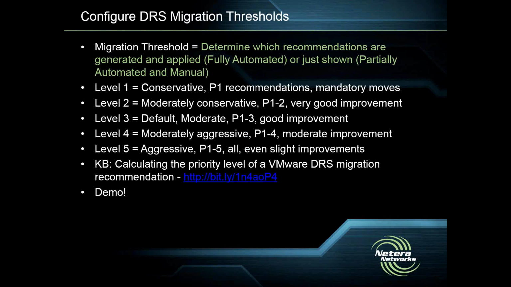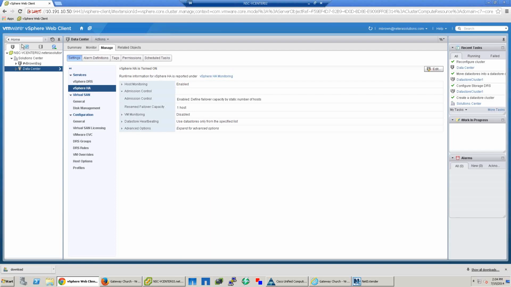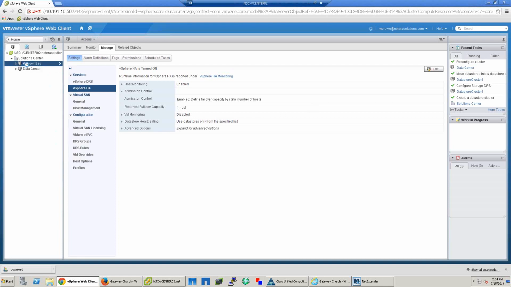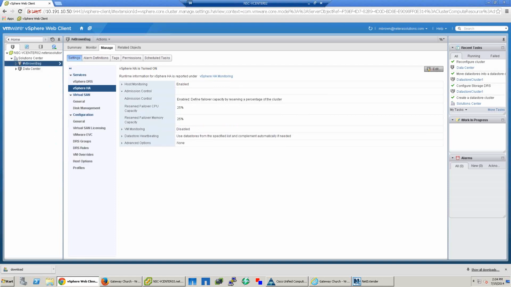This has to do with whether load balancing is fully automated or partially automated or just manual. So in the three different levels, if you recall back in the cluster, I guess we can just go here.